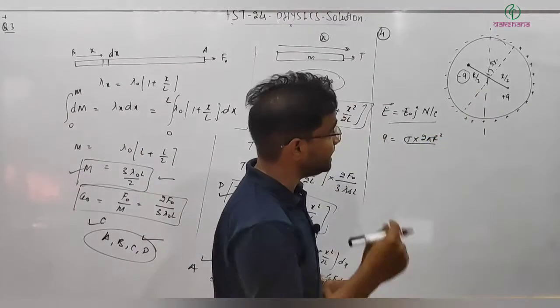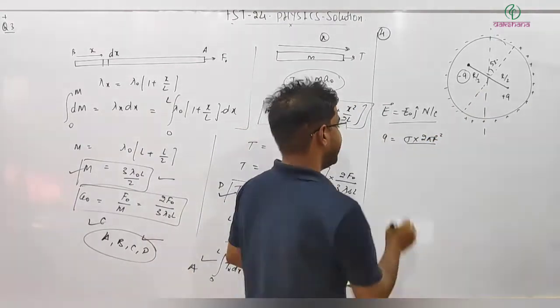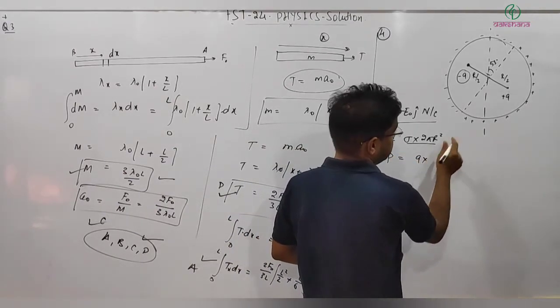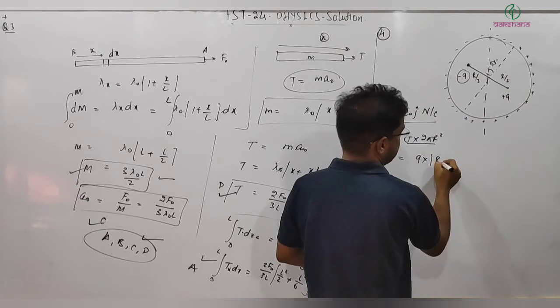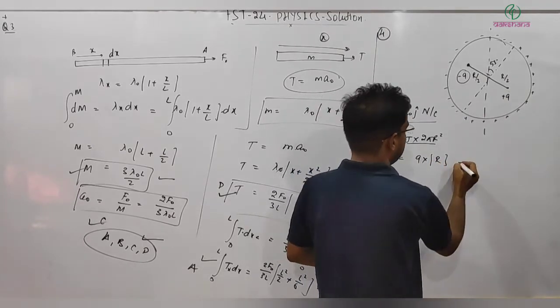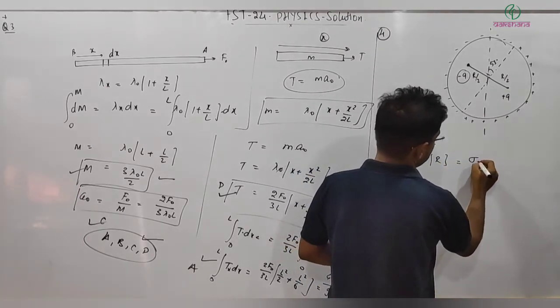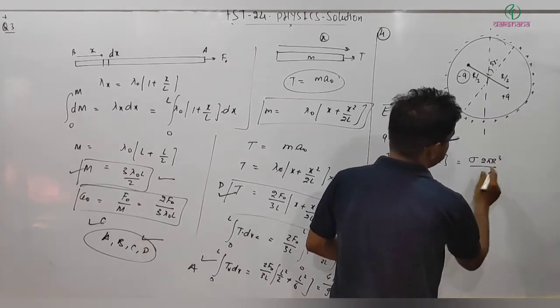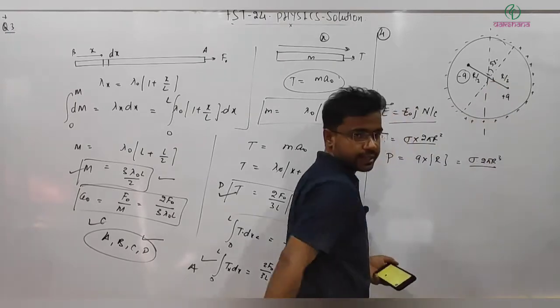So it's simply acting like a dipole. Then the dipole moment P can be written as P is equal to Q multiplied by the separation between the two charges, that is r by 2 plus r by 2, that is equal to r. So it's coming out to be sigma into 2 pi r cube. This is P and it will be directed in this direction.